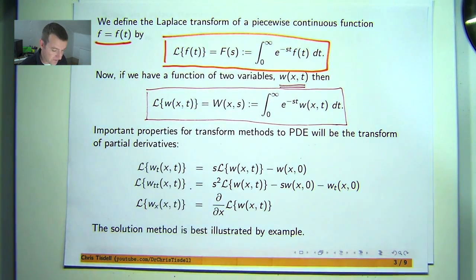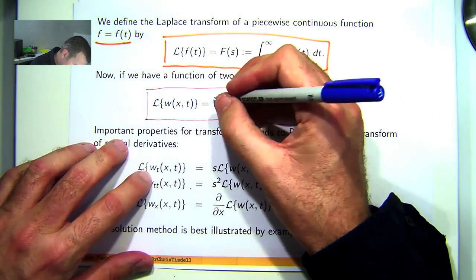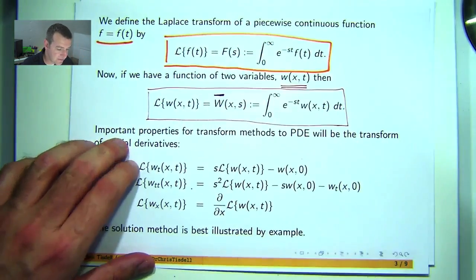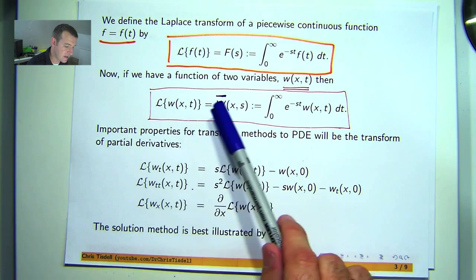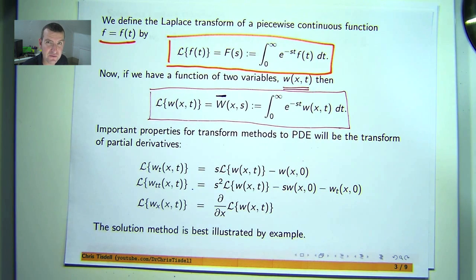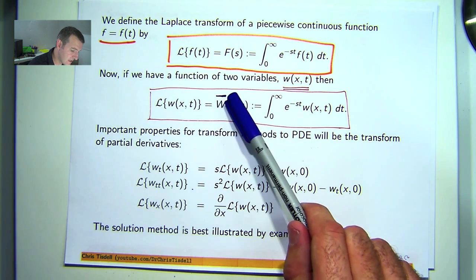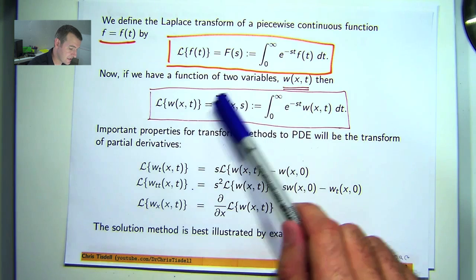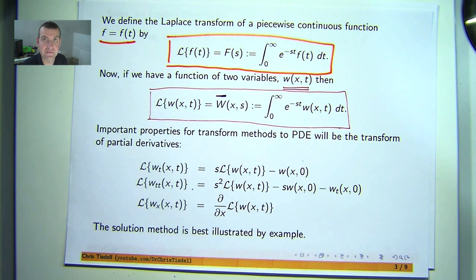Now, just to be very sure, I'm also going to put a bar over the W here, because sometimes when I write lowercase w and uppercase W, it looks very similar, especially when I'm writing it out by hand. So there's no confusion. I'm going to use a bar over the capital letter to denote the transform of the lowercase letter function.